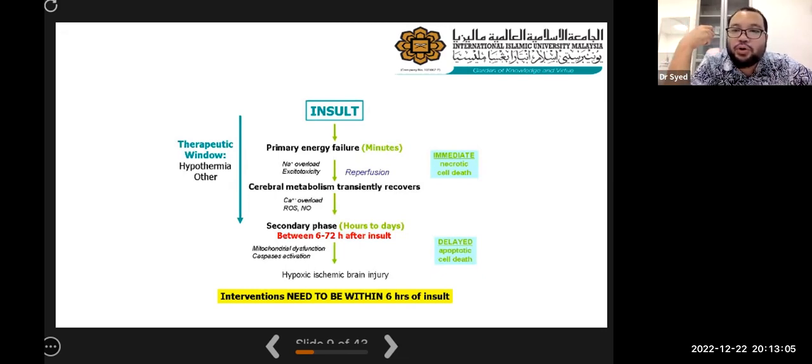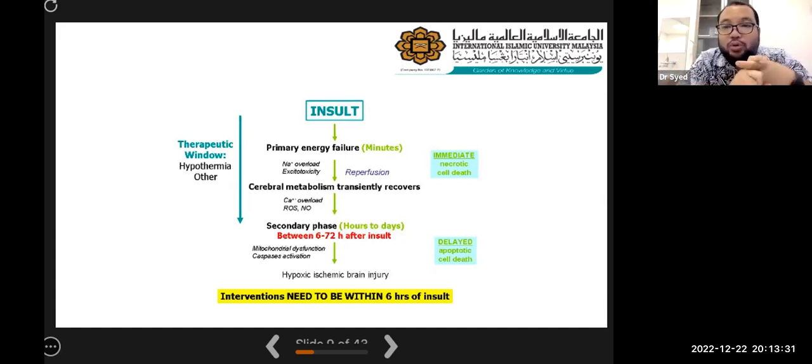Lepas tu your neurons akan start to excrete macam-macam. Sodium tak boleh nak move freely across the sodium and potassium pump. Lepas tu depolarization of your neurons pun will happen. So bila your neurons depolarize, what happens is dia akan release excitatory neurotransmitter.